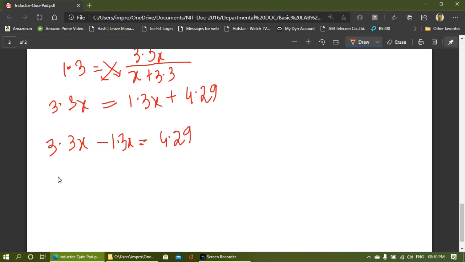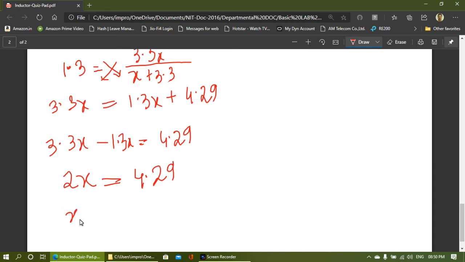Okay, now easily after this subtraction of all x values, you will get 2x is equal to 4.29.